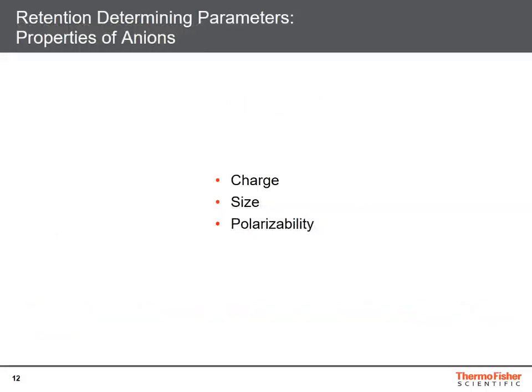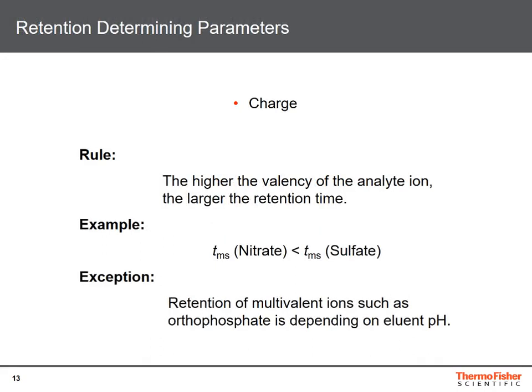The next subject deals with retention determining parameters. Charge, size, and polarizability of an ion are properties that we cannot change as the operator of an ion chromatography system. Regarding the charge of an ion, we have a rule in ion exchange chromatography saying the higher the valency of an analyte ion, the larger its retention time.